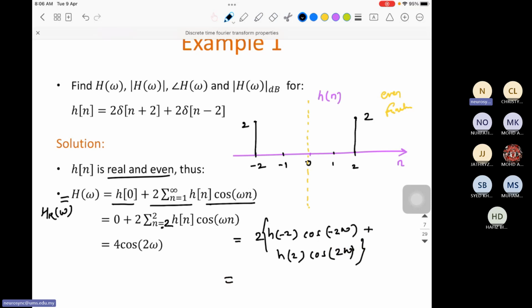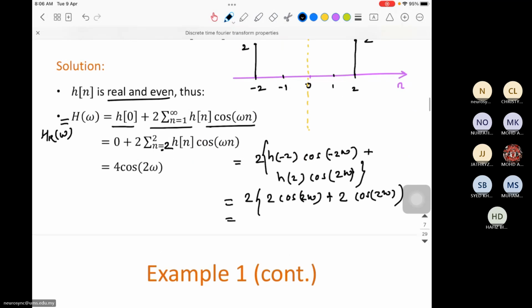Now h of minus 2 has value 2. 2 times cos of minus 2 omega is nothing but cos of 2 omega, plus again h of 2 is 2, so this is cos of 2 omega. Correct. So this is 4 cos of 2 omega, into 2.